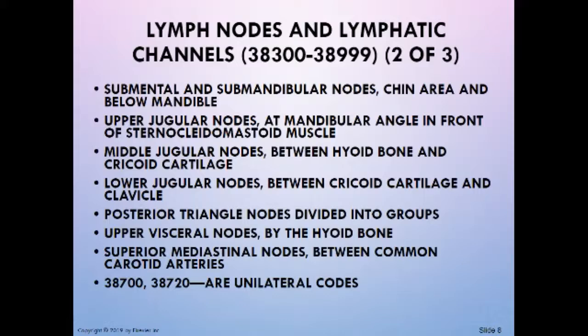Lower jugular nodes between cricoid cartilage and clavicle. Posterior triangle nodes divided into groups. Upper visceral nodes by the hyoid bone, and superior mediastinal nodes between common carotid arteries. 38700 and 38720 are unilateral codes. That's just giving us a breakdown of all the different codes labeled there.